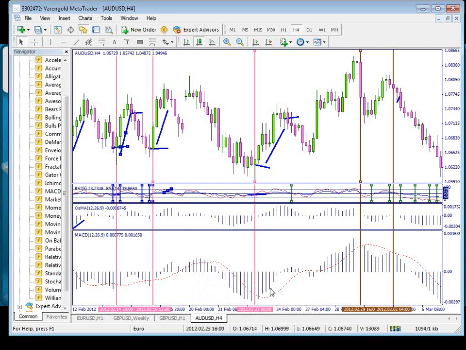And here, when the histogram is under the water and the candles start to be smaller and the red line is going out from the histogram, we have one signal for buy. So here is one signal for sell, and here is one signal for buy.